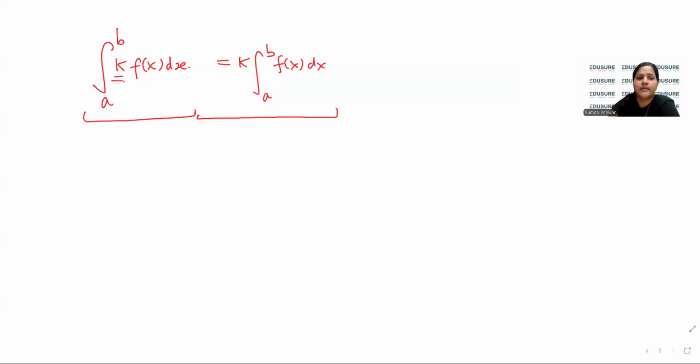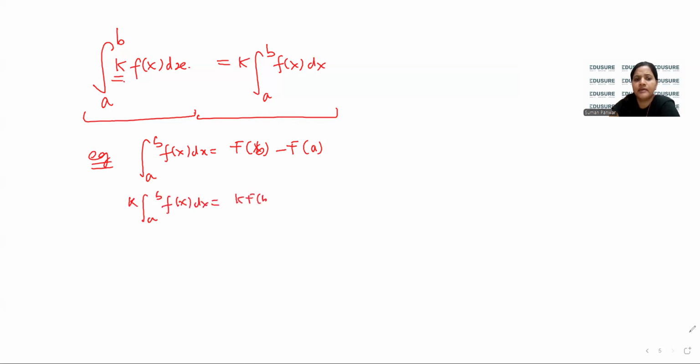So, for example, if the integral from a to b of f of x dx is capital F of b minus F of a, then you can see that k times the integral from a to b of f of x dx is nothing but k F of b minus k F of a, which is k times F of b minus F of a.